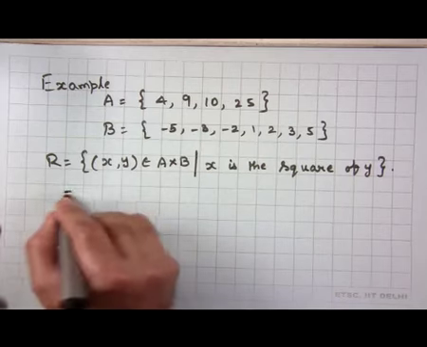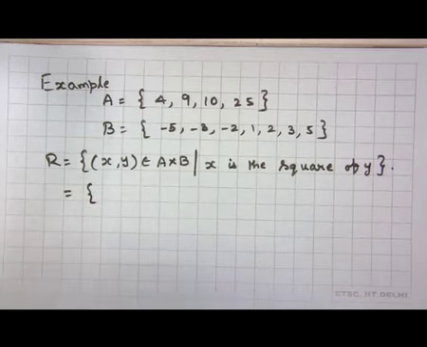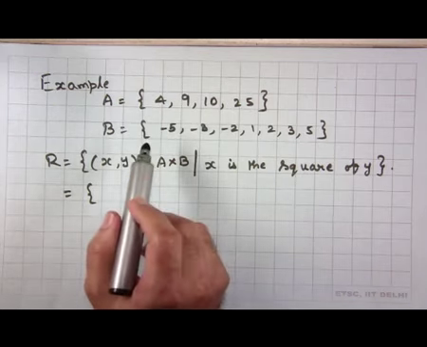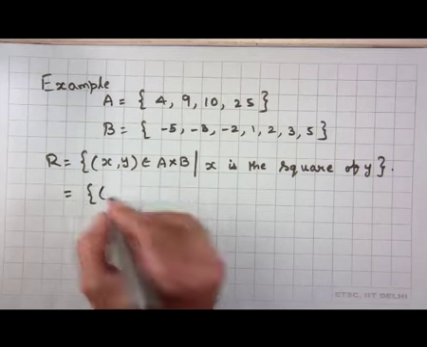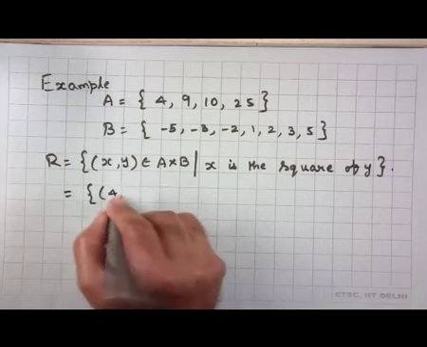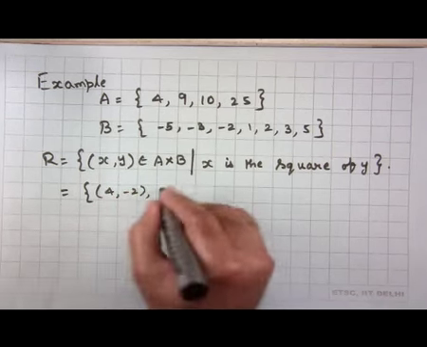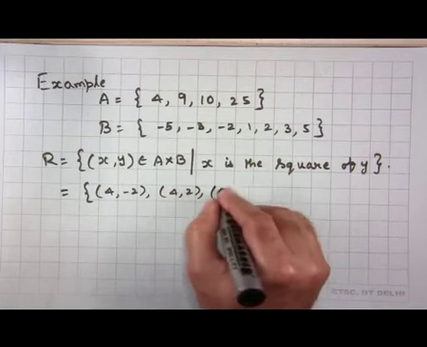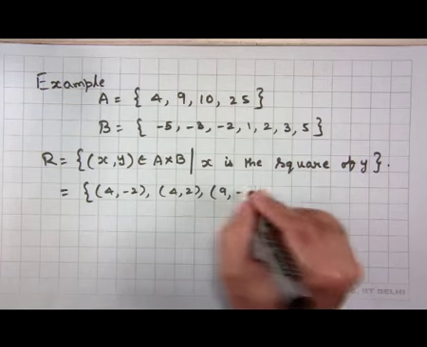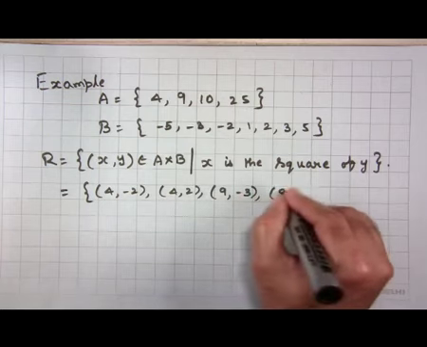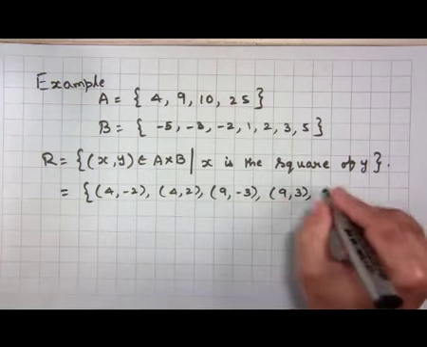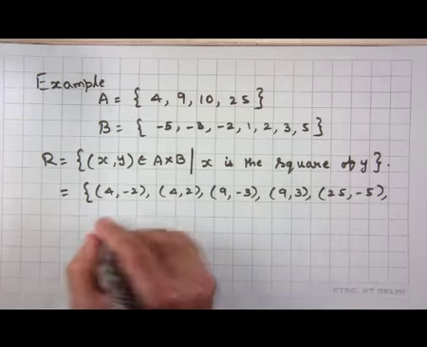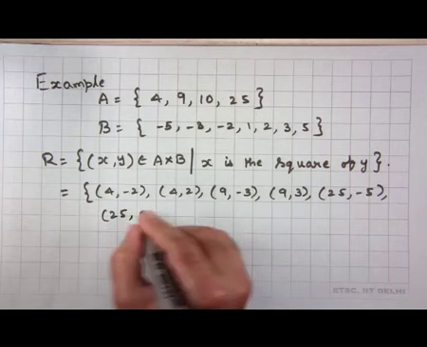So, let us try to write down all ordered pairs. Four comma minus 2, 4 comma 2, 9 comma minus 3, 9 comma 3, 25 comma minus 5 and 25 comma 5.